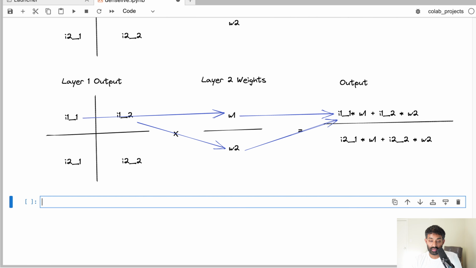So I11 is connected through W1 to the first output. I12 is connected through W2 to the first output as well, right? Because this is I11 times W1 plus I12 times W2. So to find the gradient of the loss with respect to the output of layer 1, we have to scale the gradient by the layer 2 weights.